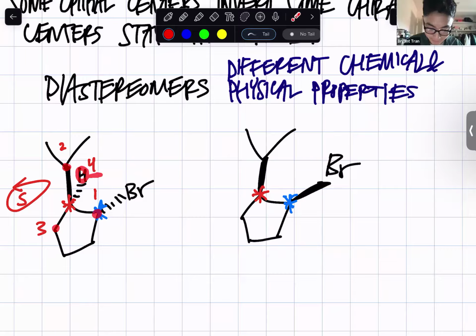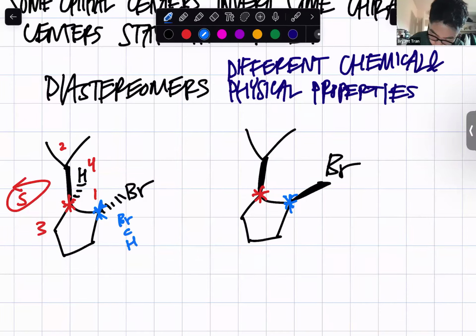Because remember how we said earlier that hydrogen has the lowest atomic number on the periodic table, so that's why it's priority group number four. Now there is a tie between all these carbons right here. But if you look at this carbon over here, this carbon is attached to one bromine, one carbon, and one hydrogen. This carbon over here is attached to two carbons and one hydrogen.